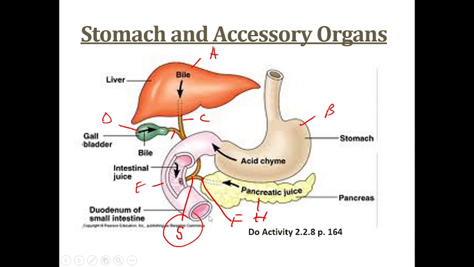Provide the function of the substance stored in D. The substance stored in D. That is bile. It neutralizes chyme from the stomach.